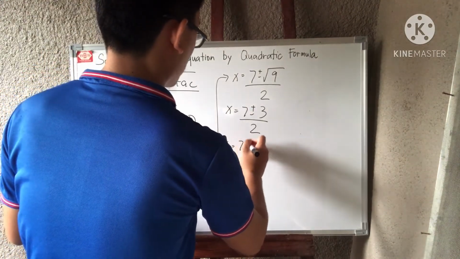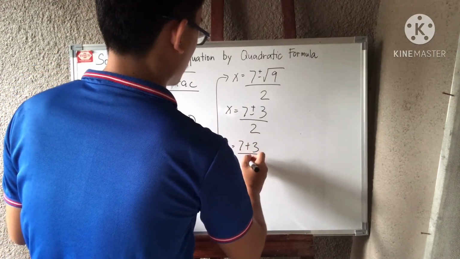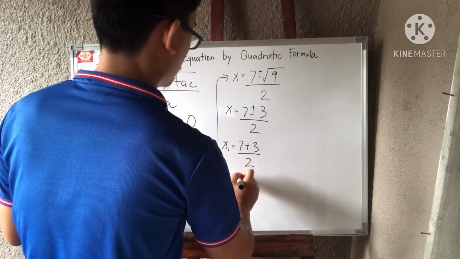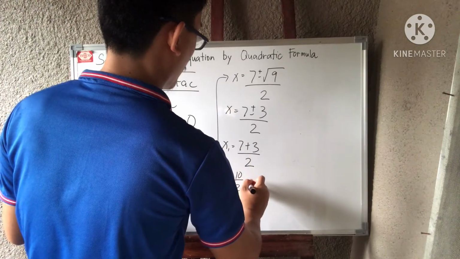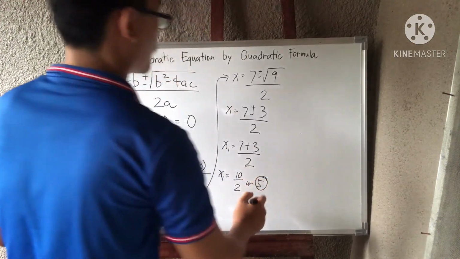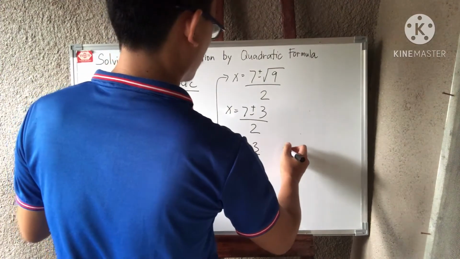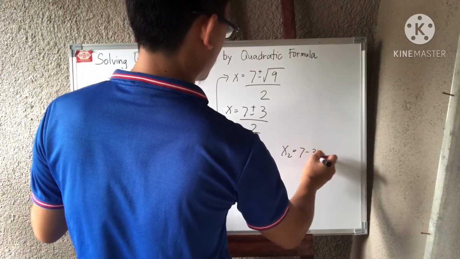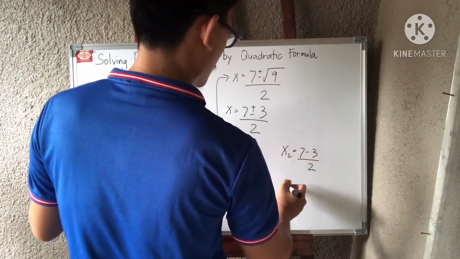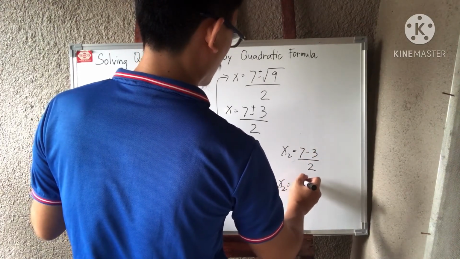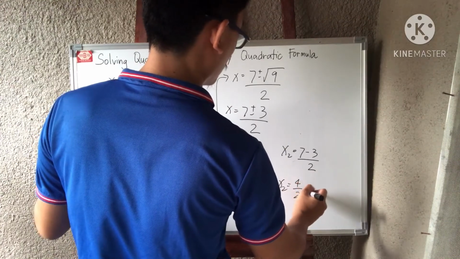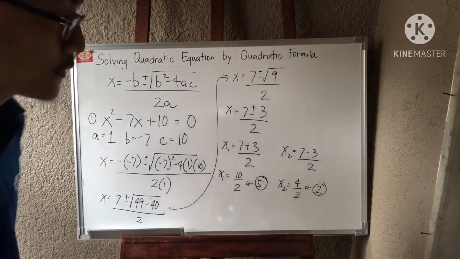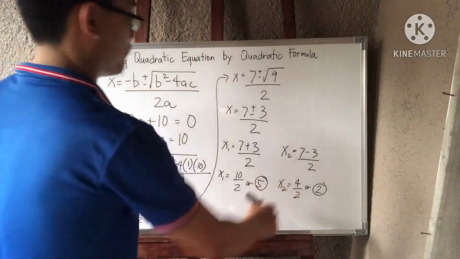That is 7 plus 3 over 2, 7 plus 3, that's 10 over 2 or 5. Dun sa isa, x sub 2 is 7 minus 3 over 2, so x sub 2 is 4 over 2 or 2. So, ang roots natin is 2 and 5.